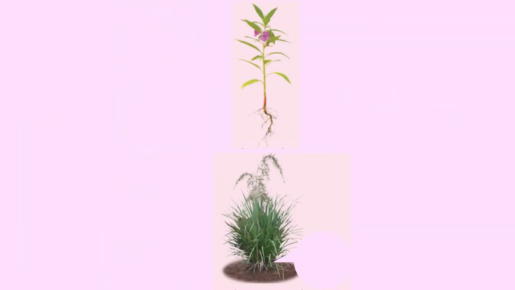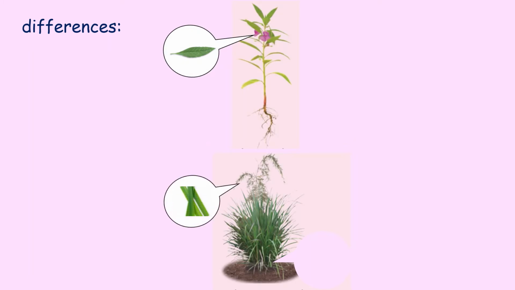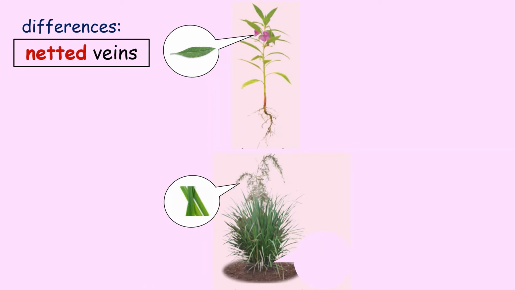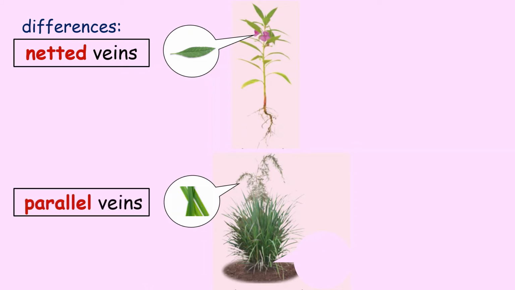Now, can you find the differences between the two plants? Look at their leaves. Do they look different or similar? The balsam leaf has netted veins, while the leaf of the lemongrass plant has parallel veins.